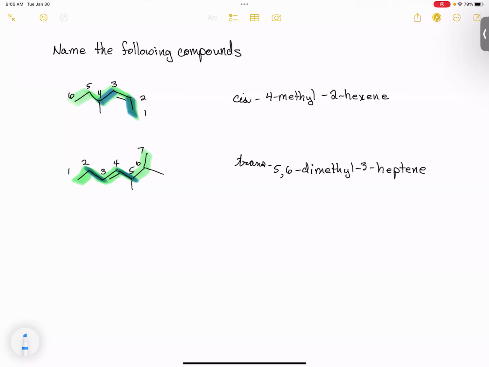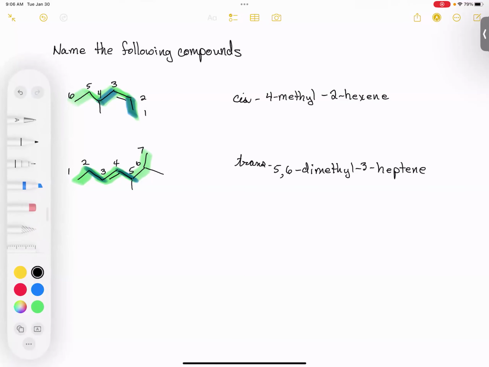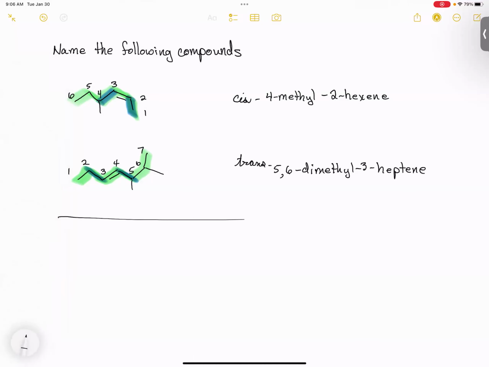Questions about cis-trans? Okay, so I think all we're going to get through is we're going to quickly discuss the properties of alkenes and alkynes.